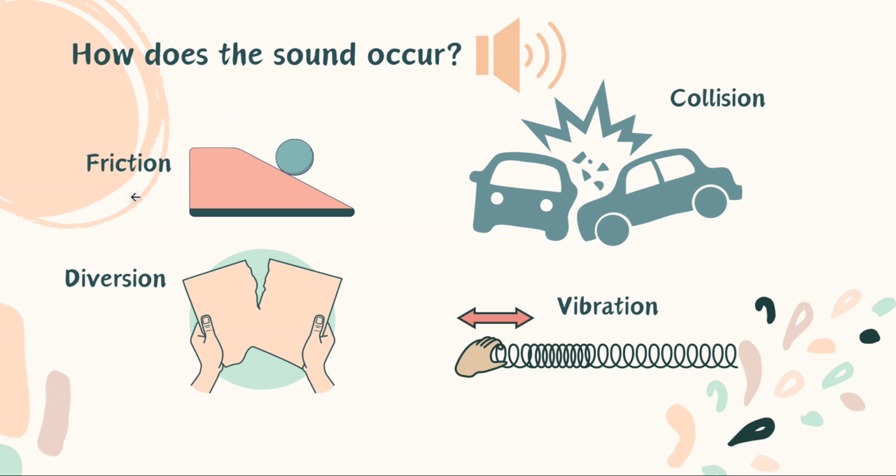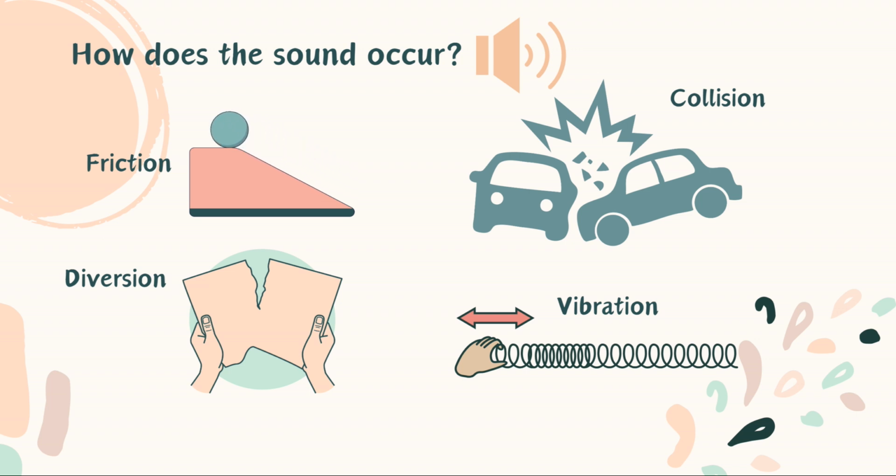We can find sounds happening through friction. Let us say a heavy box. If we pull a heavy box on the floor, there will be the sound of friction. By divergence, if we tear or separate a piece of paper, then there will be a sound.